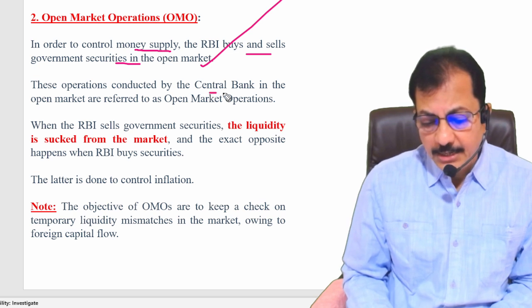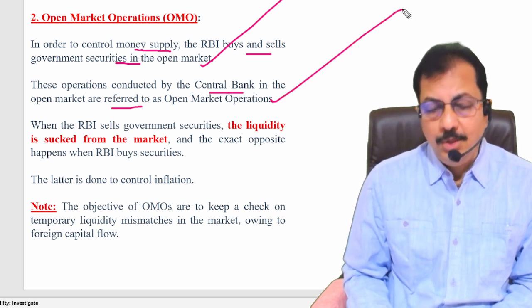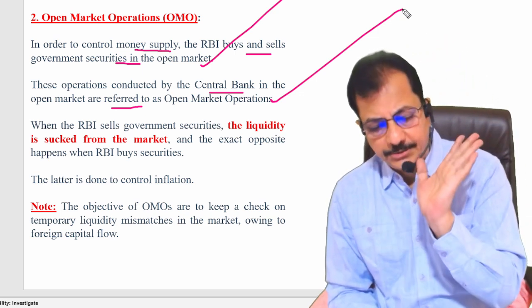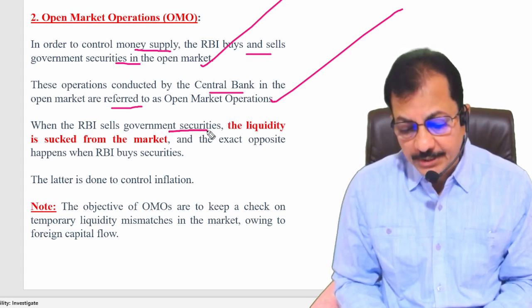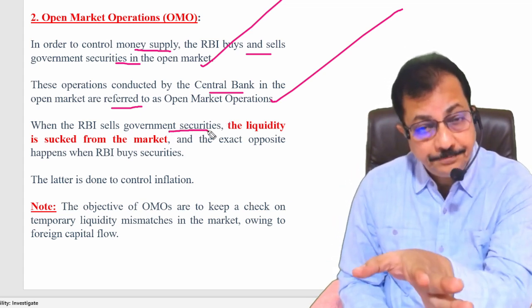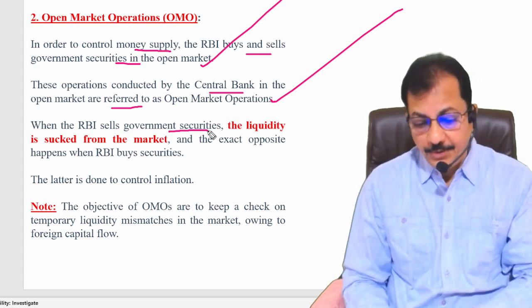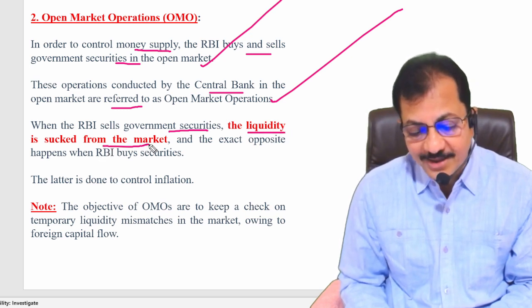These are conducted by RBI in the open market and are called OMOs, that is, open market operations. Clear? When RBI sells government securities, you are taking the money. The liquidity is sucked from the market.